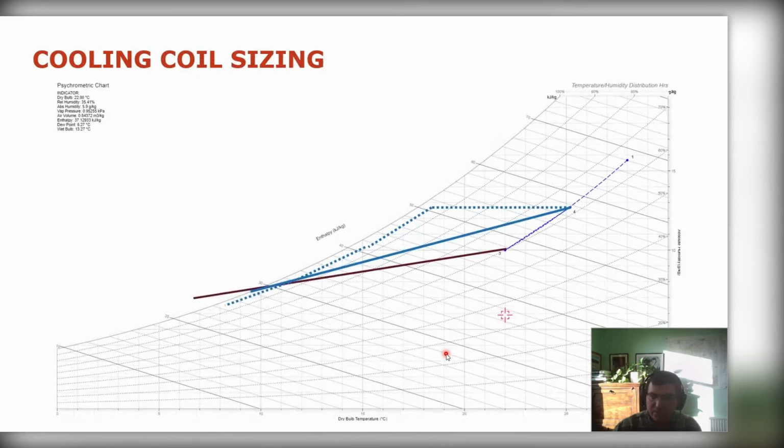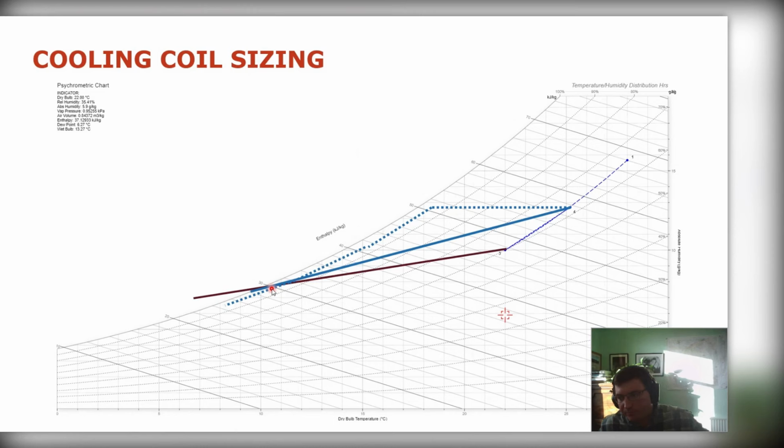Okay, just a few quick things before we wrap up and go to some questions. One thing about the cooling coil sizing is what I described before. Theoretically, you would cool down like that and go down this curve. And for the cooling coil, you should have the curve and you should know the parameters that are there. Sometimes when you're sizing it, there are 2 different things.